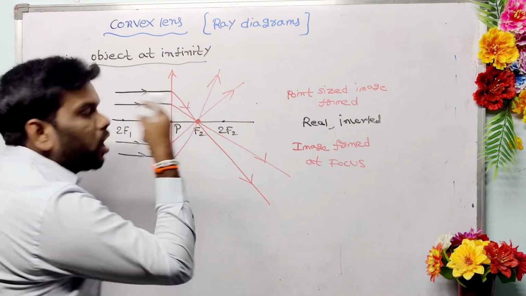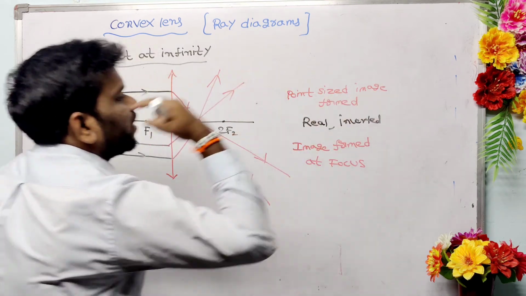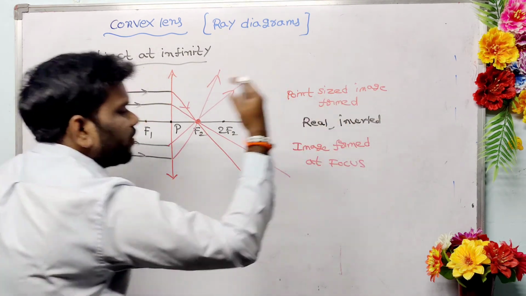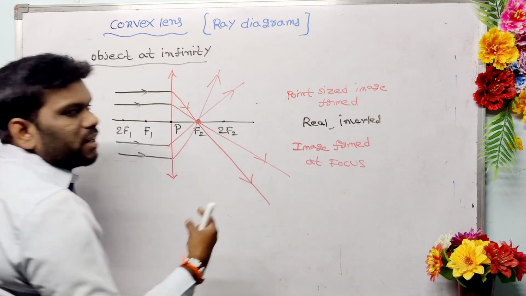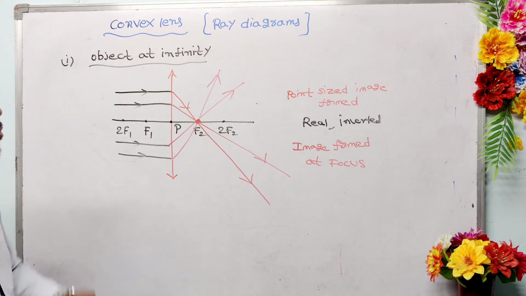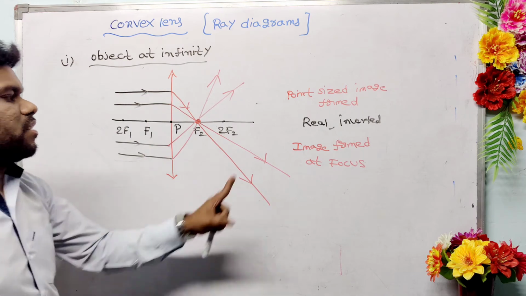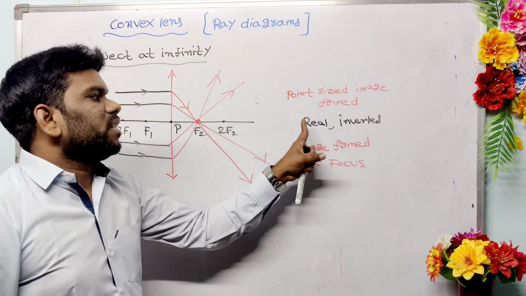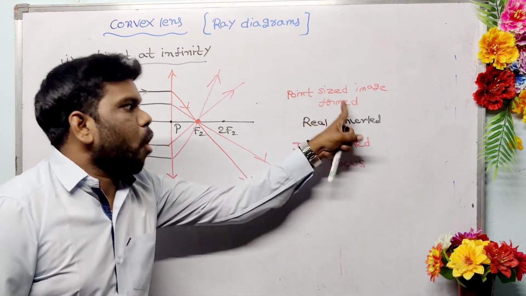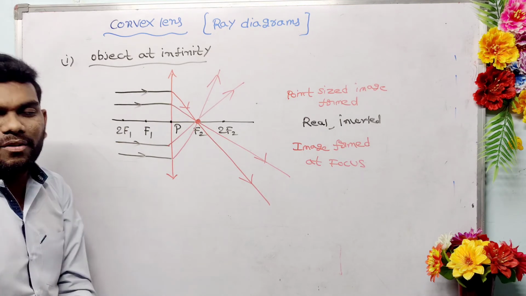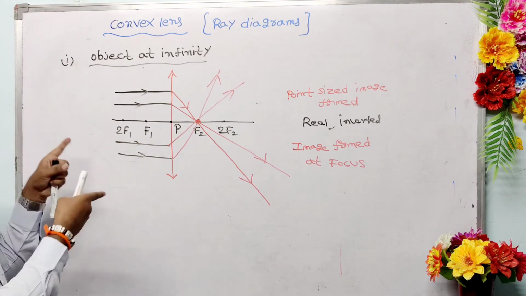That one point is called focus. This is called a point sized image. This is a real, inverted image. The image is formed at focus. It is very important: object at infinity, finally the image is formed at focus. It is a real image, inverted image, point sized image formed in this ray diagram.